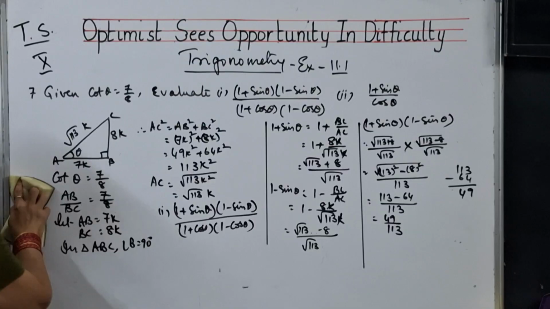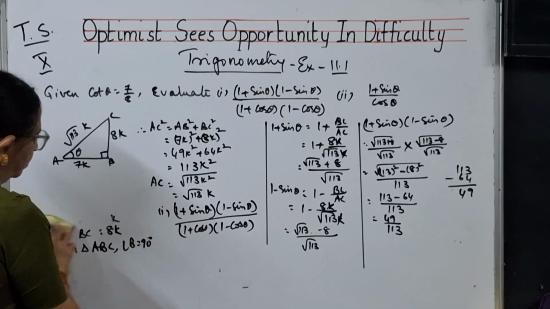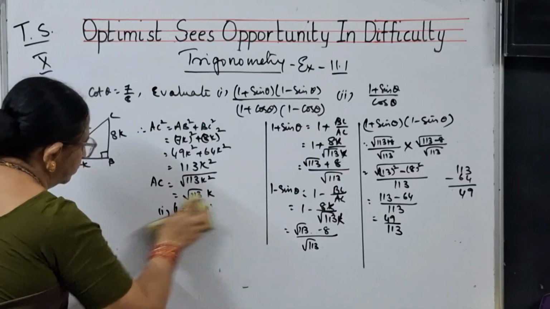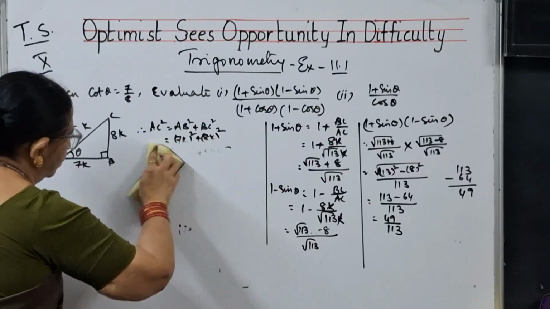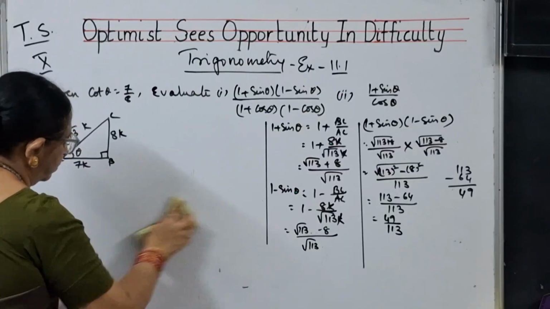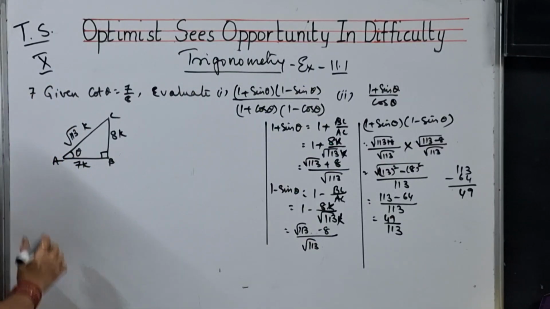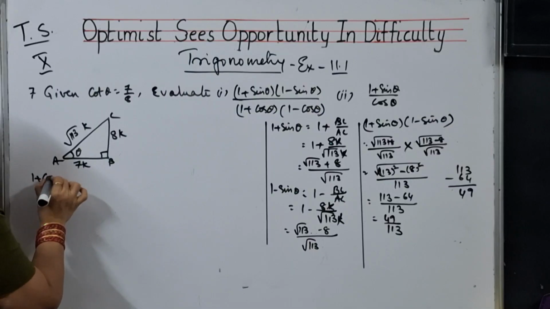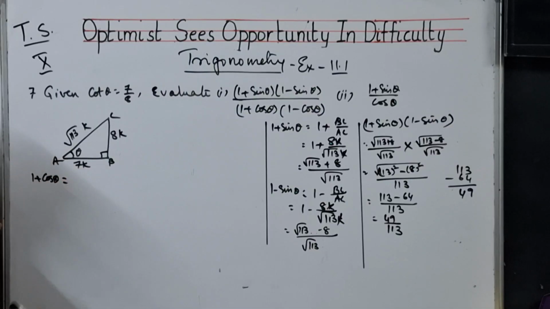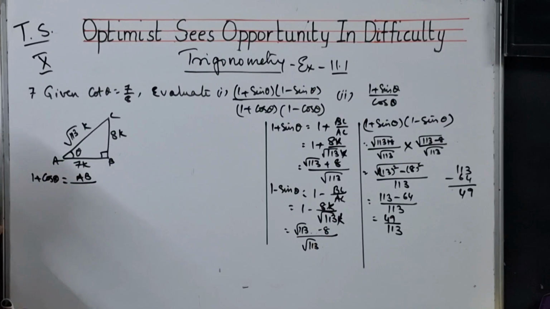Now, let me continue the next part. Denominator I should do. Denominator 1 plus cos theta.